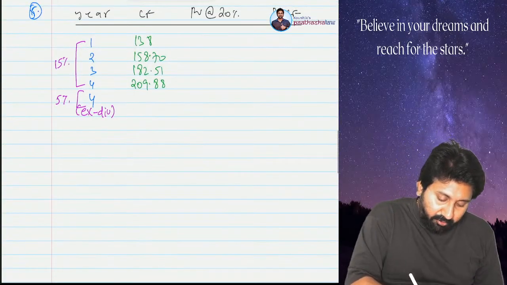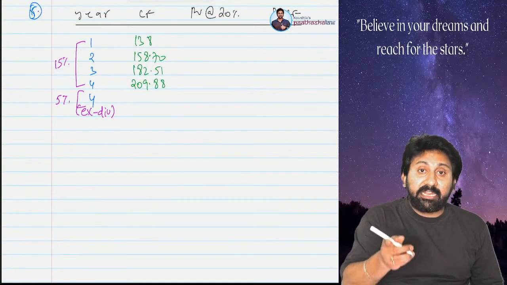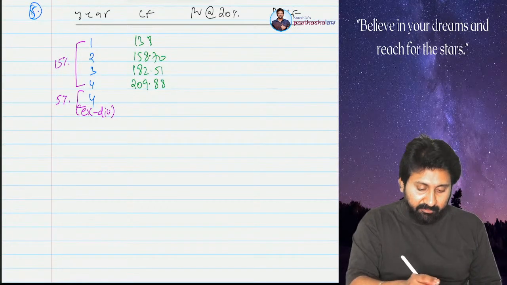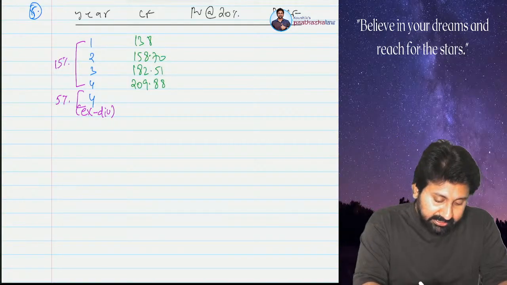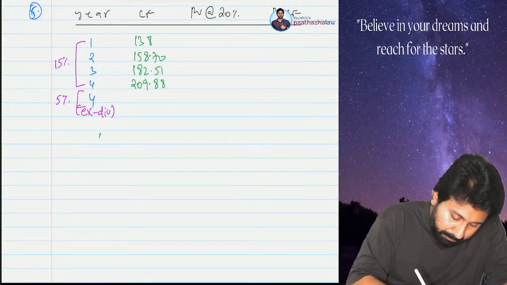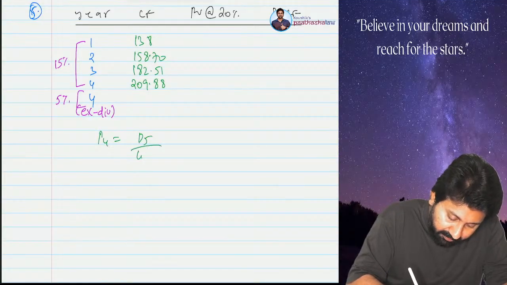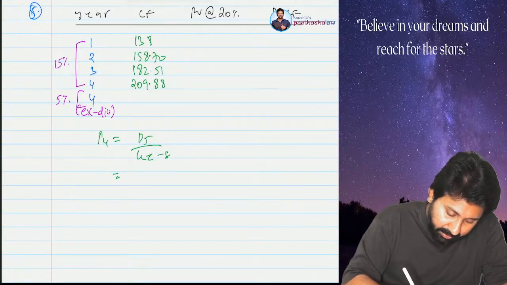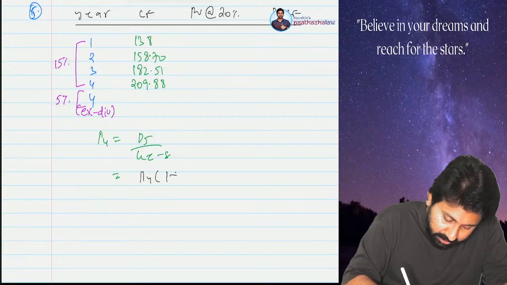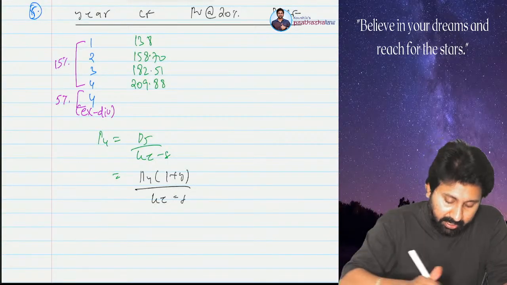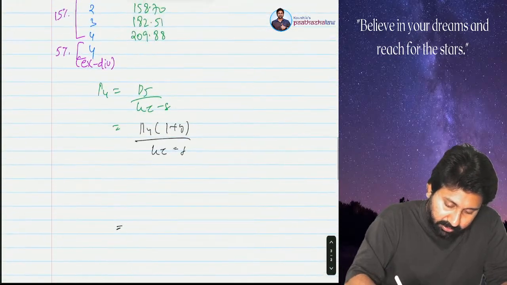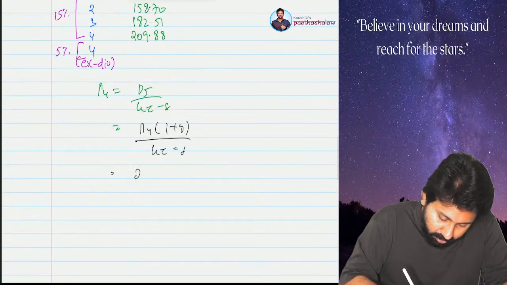Fourth year ending, after getting the dividend of 209.88, I am also selling the share. P4 equals D5 divided by K minus G. D5 can be written as D4 into (1 plus G) divided by (K minus G).